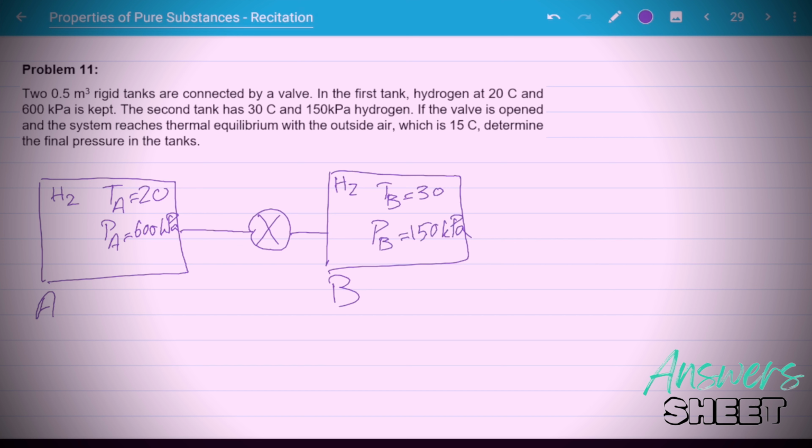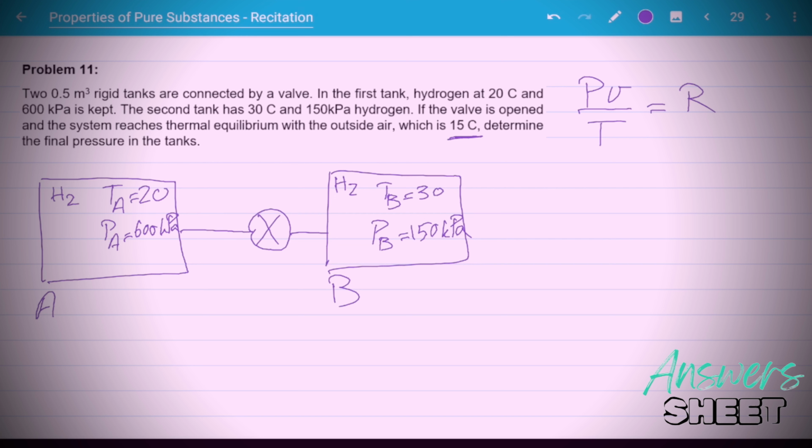Okay, so the ideal gas is still usable here. We know that pressure times specific volume over temperature is equal to the gas constant. So at the final state, after the valve is open and both tanks have mixed and reached equilibrium with outside air at a temperature of 15 degrees Celsius, what is the final pressure?